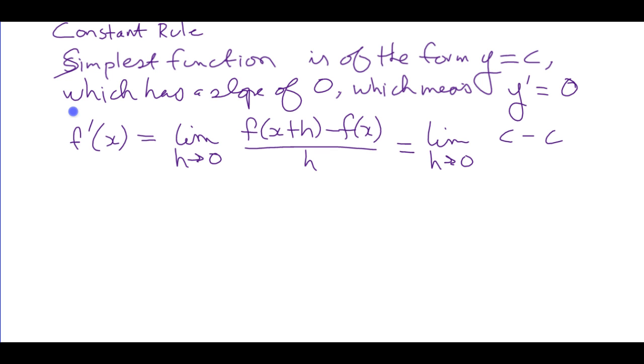Also just c, which is equal to the limit as h approaches 0 of 0, which is 0. So that's the proof of the constant rule, right? If you have a constant function, the slope is 0, because the values are just always c minus c, which is 0.